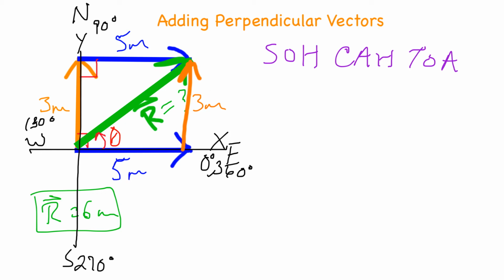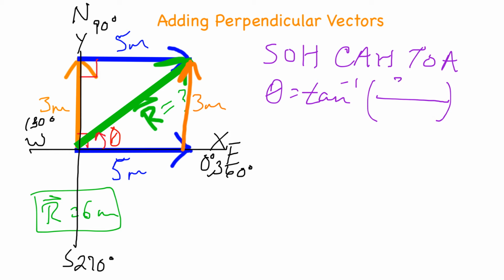So remember, when you're trying to figure out an angle, you use the inverse trigonometric functions. So I've got an opposite and I've got adjacent at my disposal. So that looks like we'll be using the tangent function. So let's go ahead and write down our tangent function. We've got theta is equal to the inverse tangent of the opposite over the adjacent.